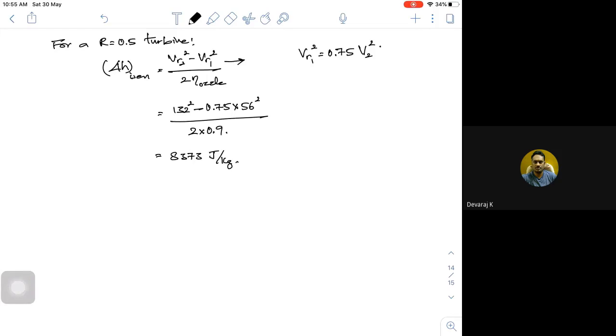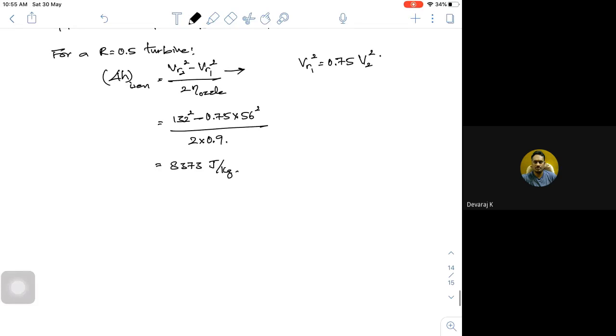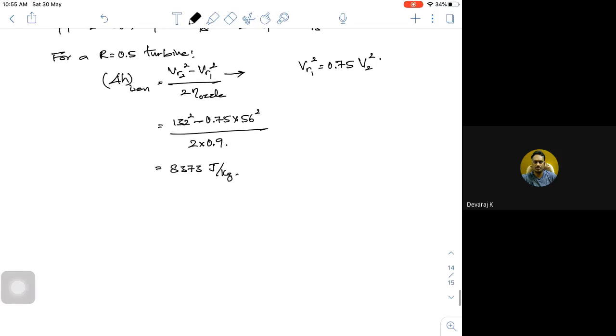So this is for the nozzle alone. What is per stage? Delta H per stage is equal to delta H rotor plus delta H nozzle.